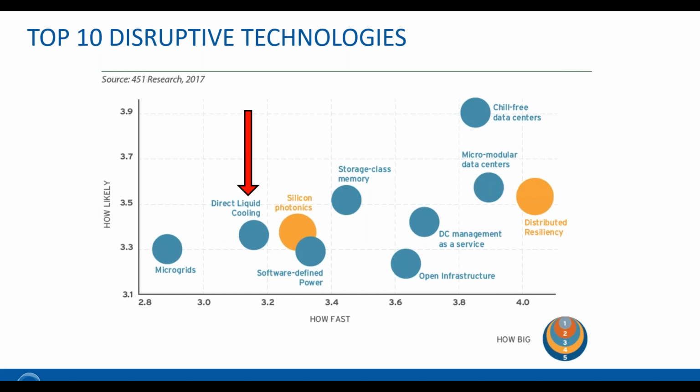Again, I must reiterate that it was done 2 years ago, and you can see direct liquid cooling is there. Actually, we started tracking and covering liquid cooling way before that, probably around 8-9 years ago now. And I certainly believe that should we run the same survey against the panelists today, liquid cooling would markedly move to the upper right direction.